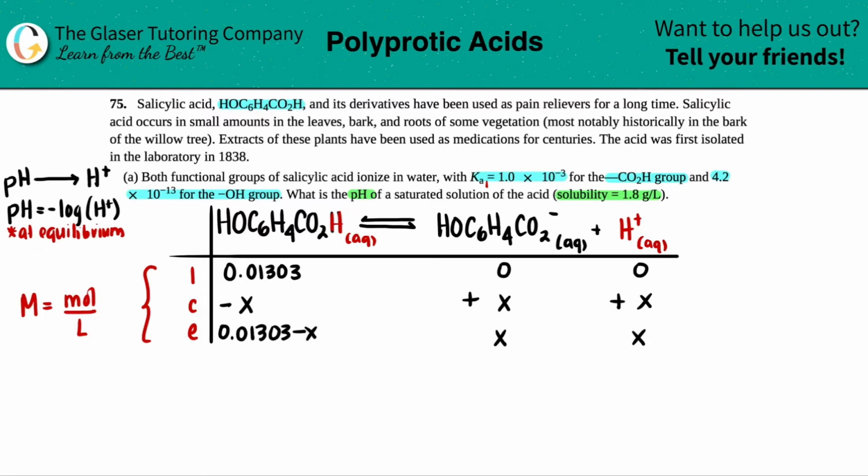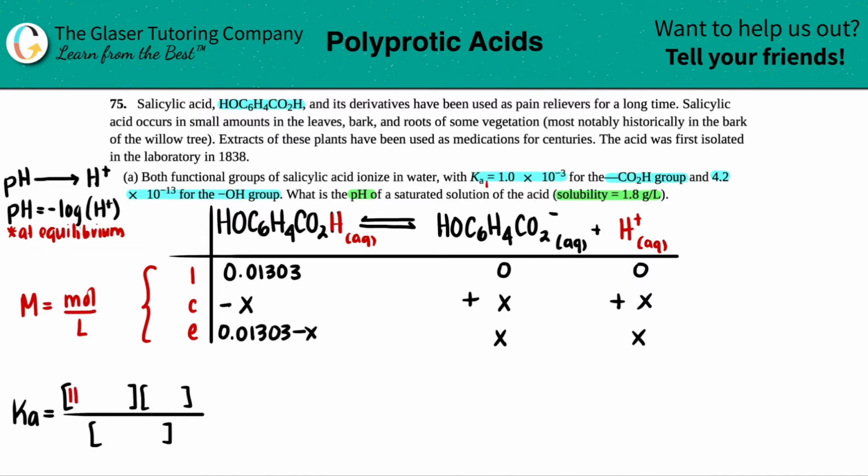So now, remember, we're going to take that with the first Ka value. So Ka in this case would equal something divided by something, right? It's always your two products, and they're being multiplied by each other divided by your reactant, right?